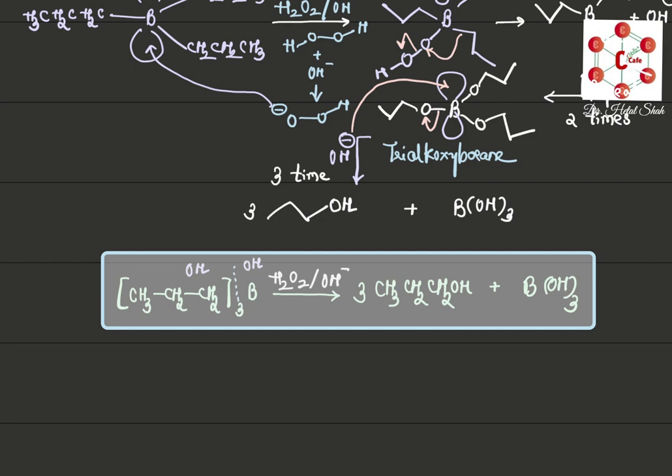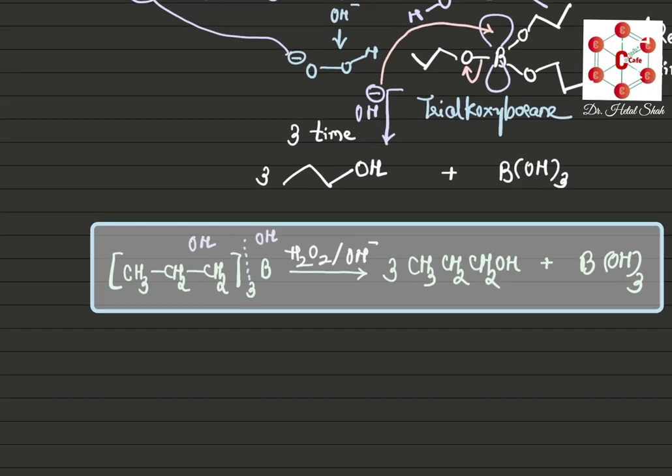So this will be O minus and OH goes here. So O minus how many times? 3 times. And O minus cannot remain as O minus. We'll take proton from water. This H comes from water. So water gets converted into OH minus and this H given. That's just do this. Okay, everyone? Is this okay?